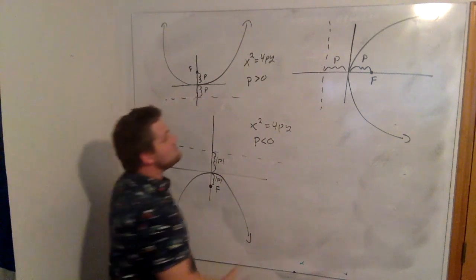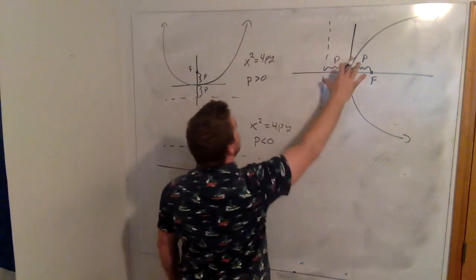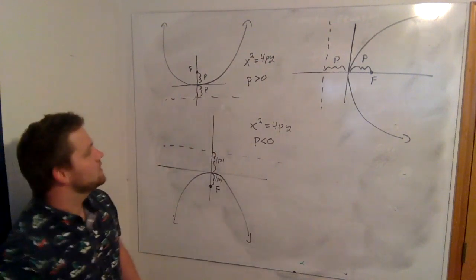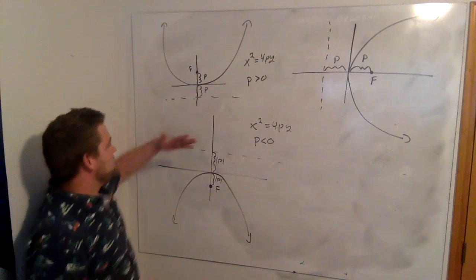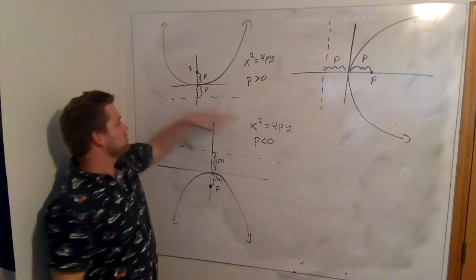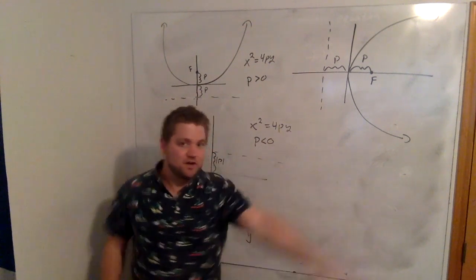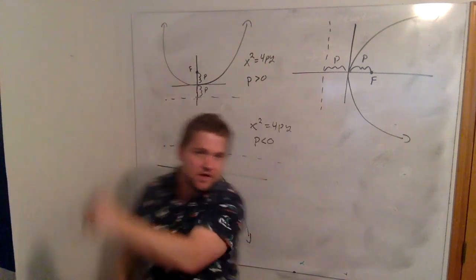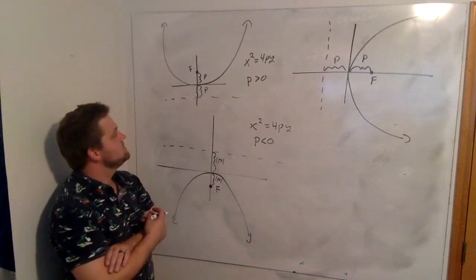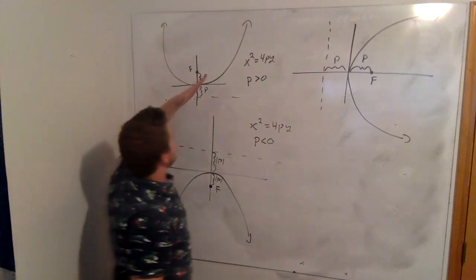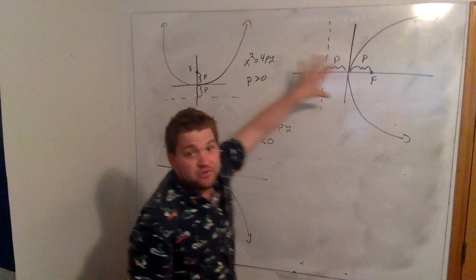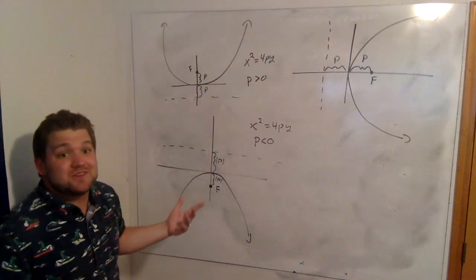What's the main difference between this picture and this picture if we think about it? Well, we took this horizontal line and made it a kind of vertical line. I guess the key thing to notice here is that these are reflections of one another over the line y equals x.